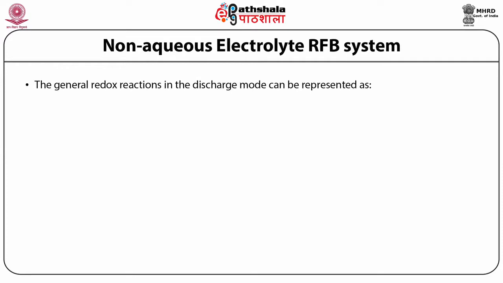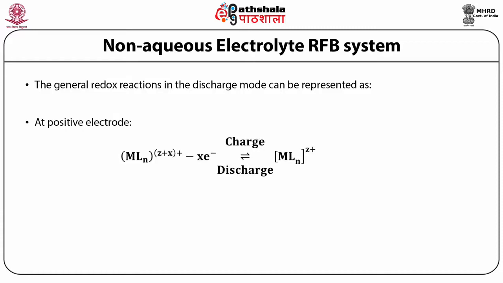The general redox reactions in the discharge mode can be represented as: at the positive electrode, M L_n to the power (z+x) plus or minus x electrons charges or discharges to give M L_n 2 plus.